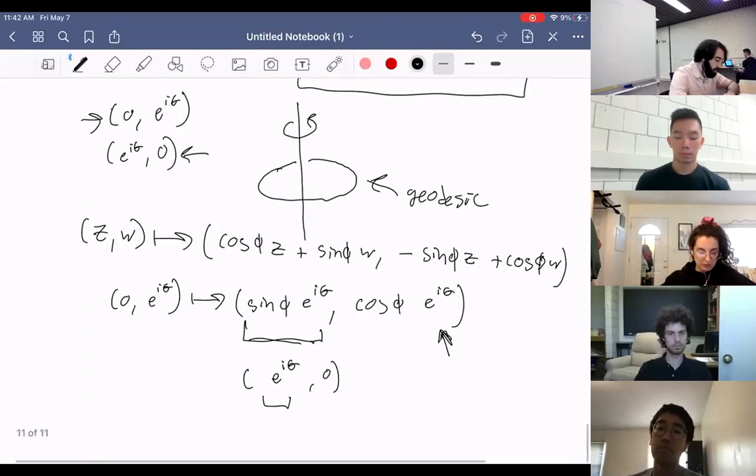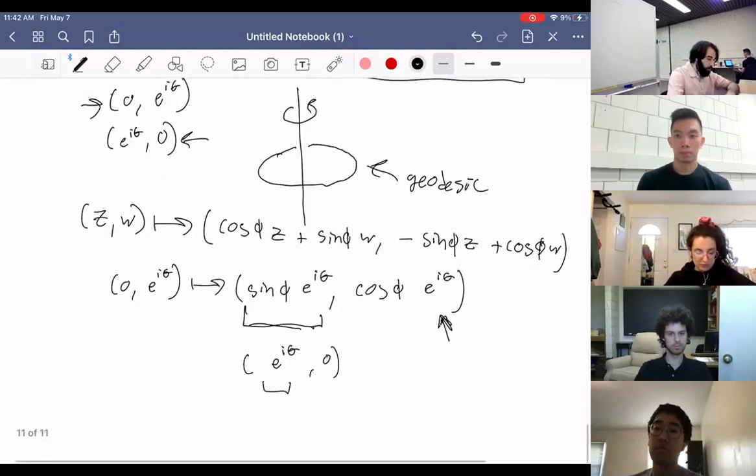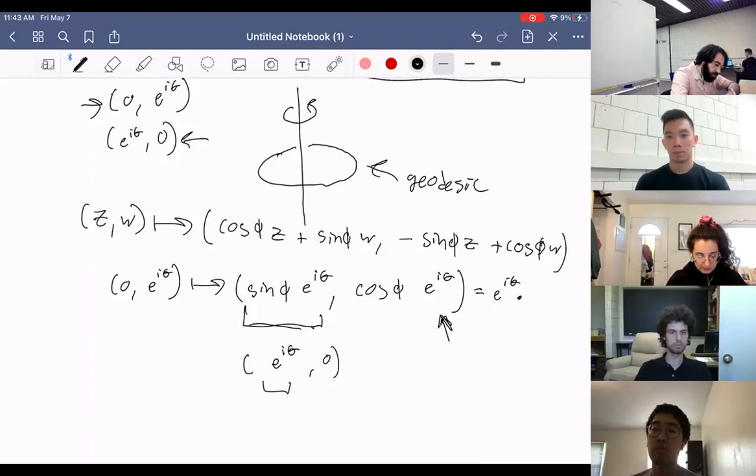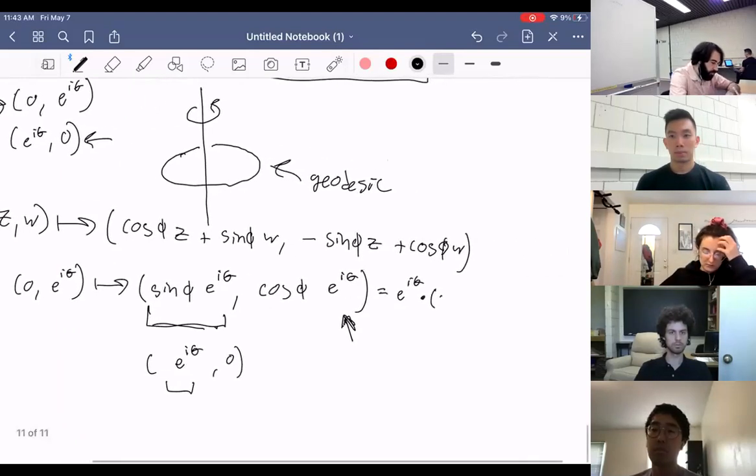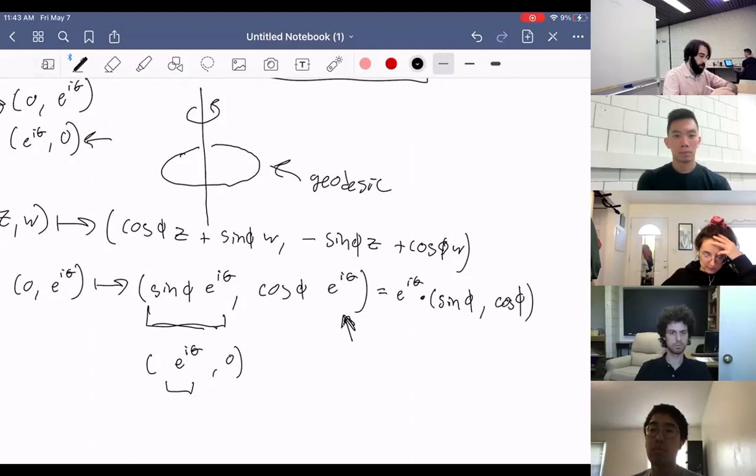All right. One other really important thing to note is that this looks like the orbit of the point sine phi, cosine phi through the Hopf action.